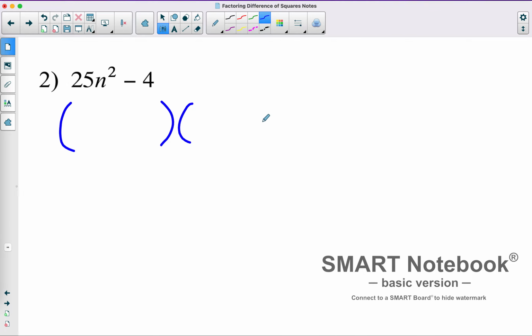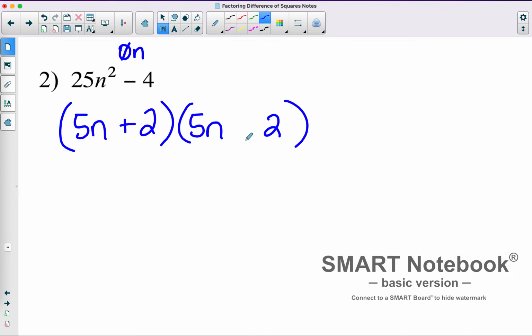So 25n squared could be 5n times 5n, and 4 is just 2 times 2. We needed them to combine to be 0n in the middle. Looks like no n, but it's 0n. So positive 2, negative 2 would combine and cancel out in the middle. So there's our factored form, 5n plus 2 and 5n minus 2.